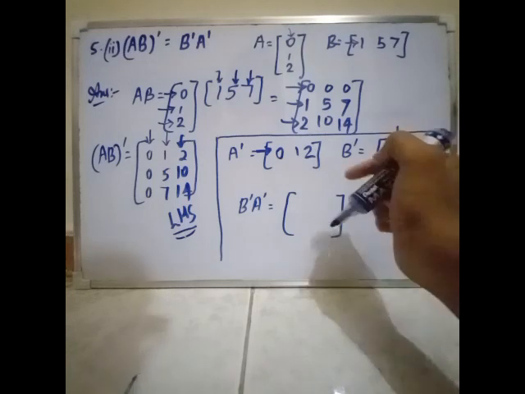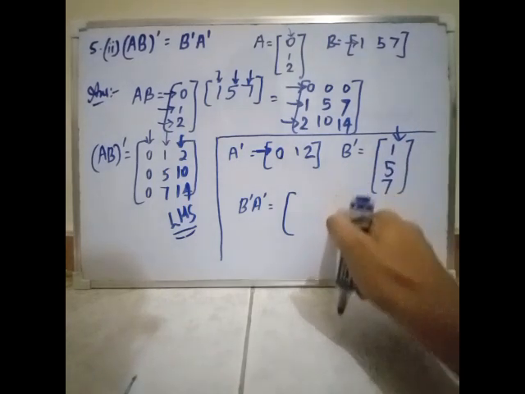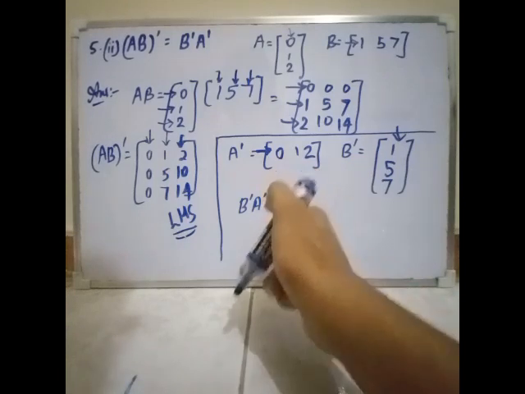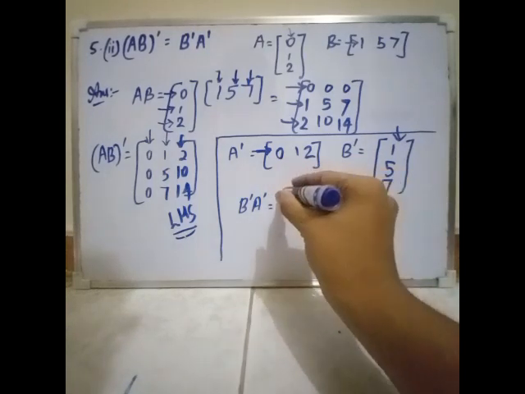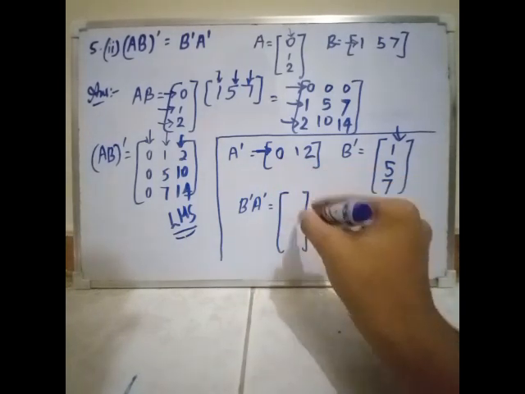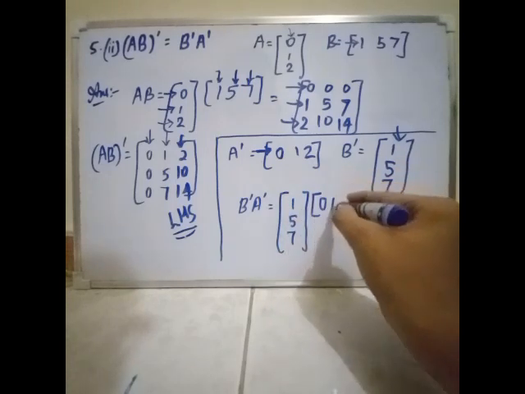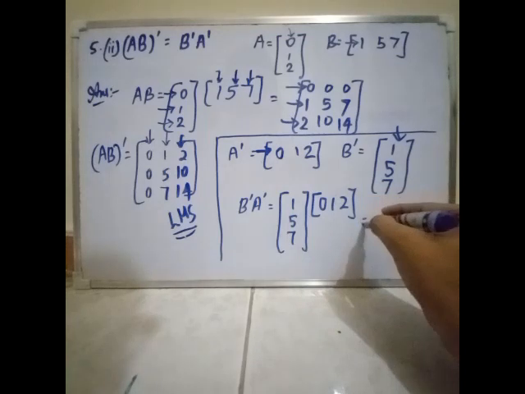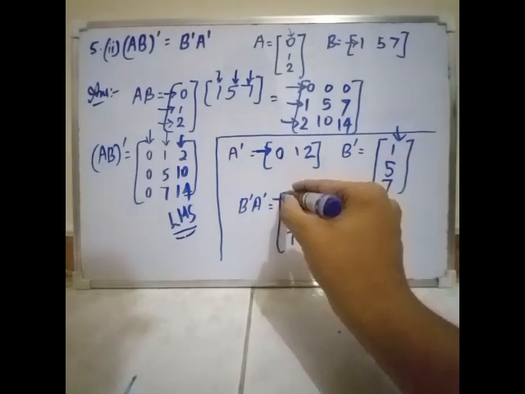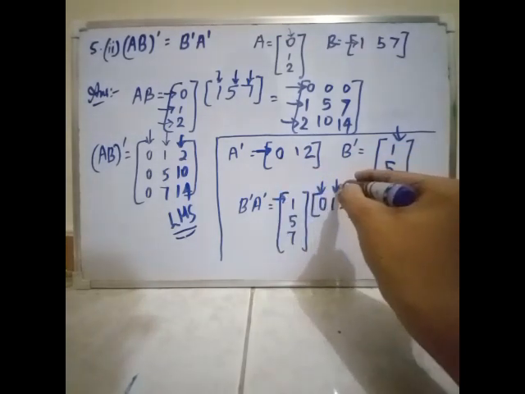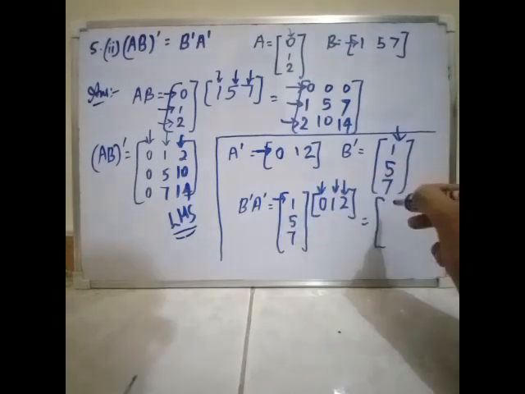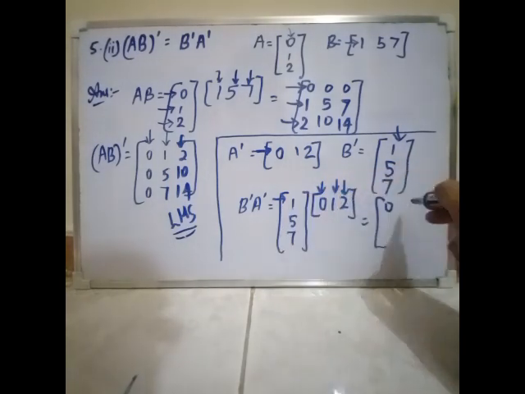Now we have to do the multiplication of B dash and A dash. So first of all, what's our B dash, right? 1 5 7. What's our A dash? 0 1 2. Let's do the multiplication. First row with each column, 1 times 0 would be 0, 1 times 1 would be 1, and 1 times 2 would be 2.